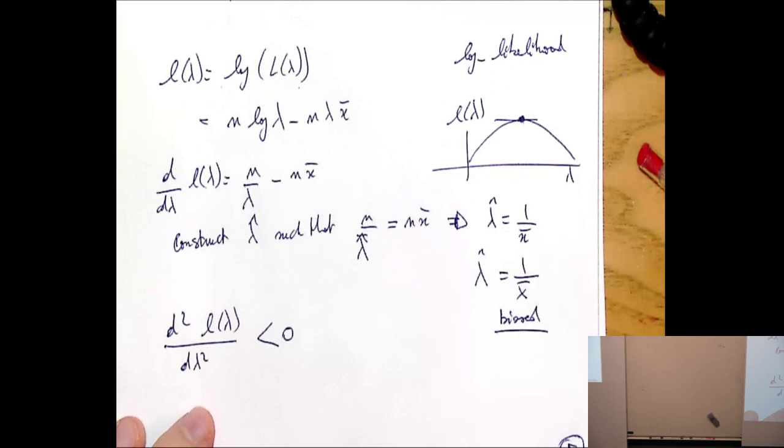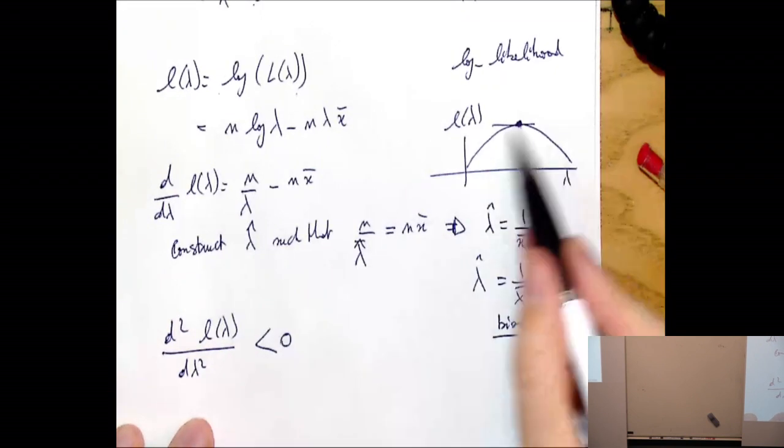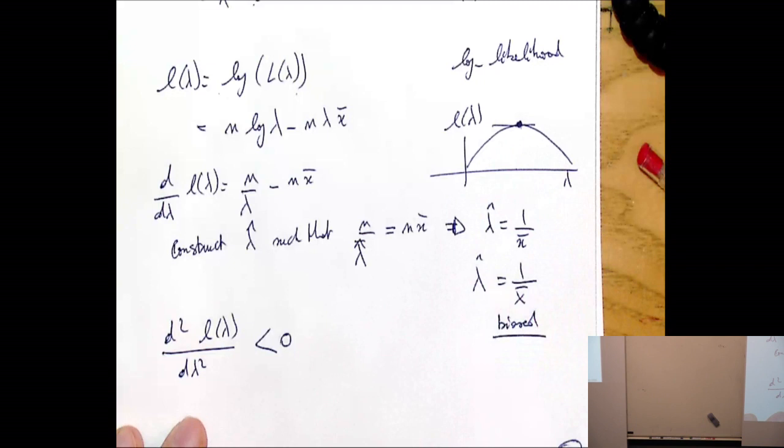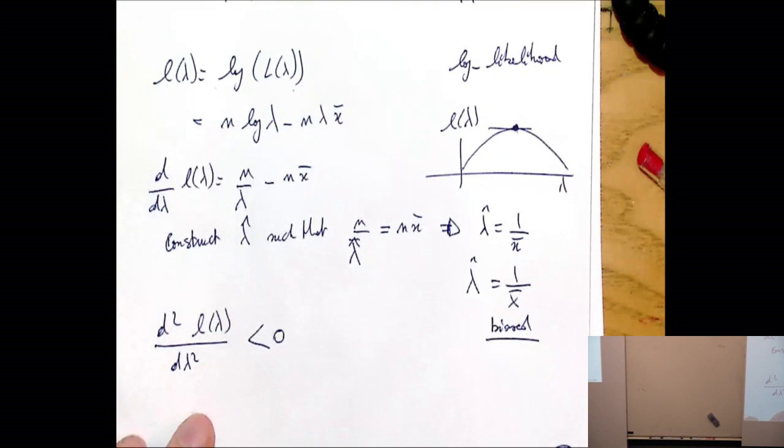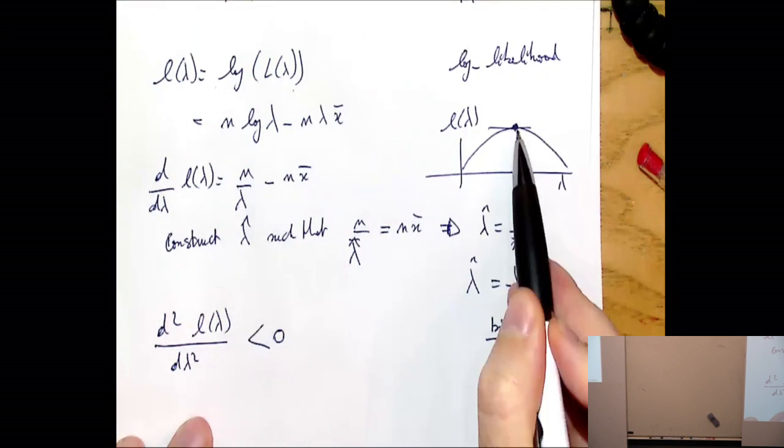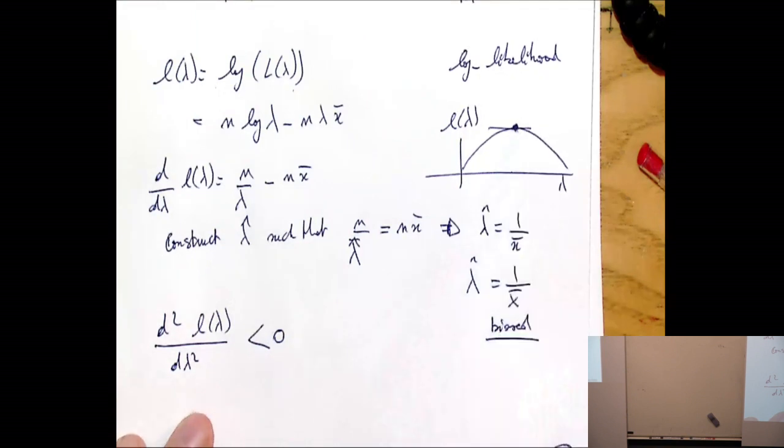You can check this at home. It's pretty straightforward. You have n over lambda, so it's going to have minus n over lambda squared. And this is negative. That means indeed the log likelihood function is concave. And when you equate the derivative to 0, the value you're looking for is indeed a maximum and not a minimum. Okay?